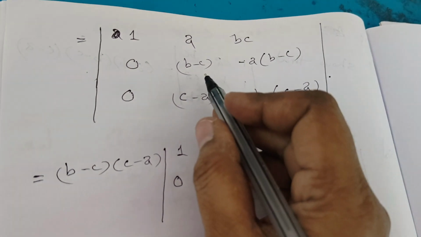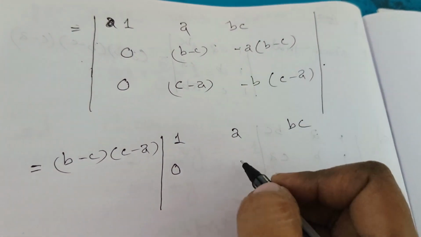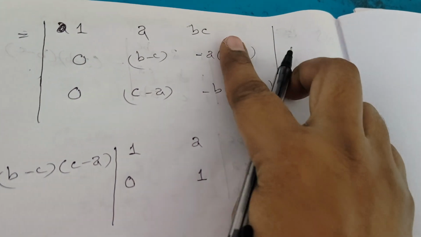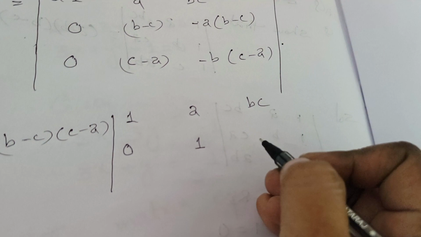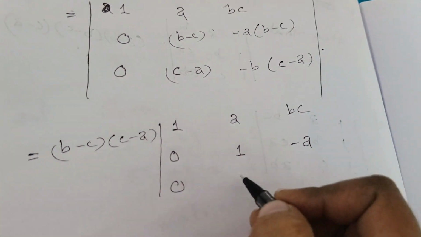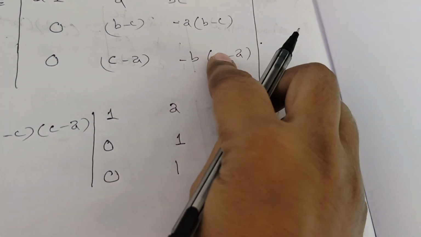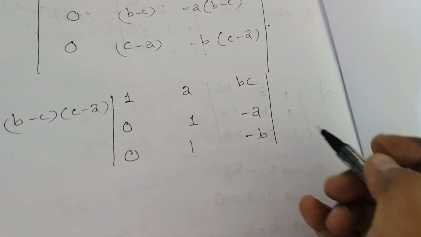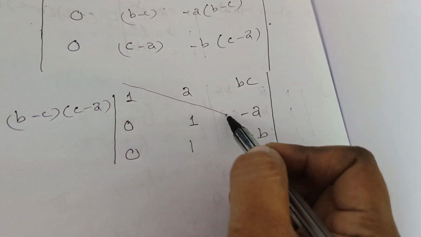When I take this term outside, here 1 is left. So it is 1. When we take this term outside, we have only minus a. So this is minus a. Here also 0. It becomes 1. From here minus b is left. Minus b.